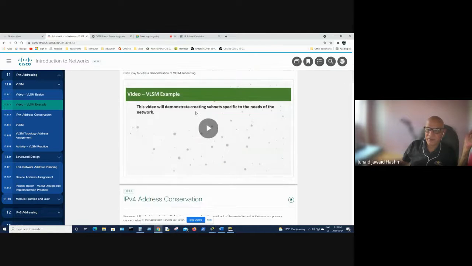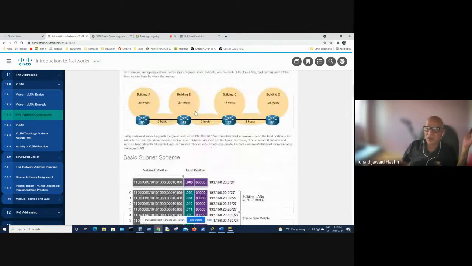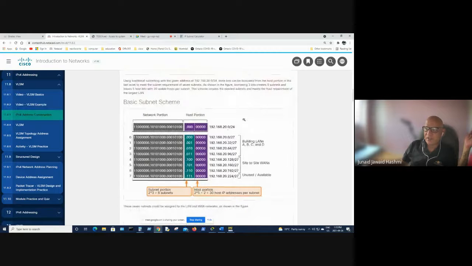Usually you have only one subnet mask, but in today's network, because you're connected to the public network as well, you could have a subnet mask for the private network different than for the public network.